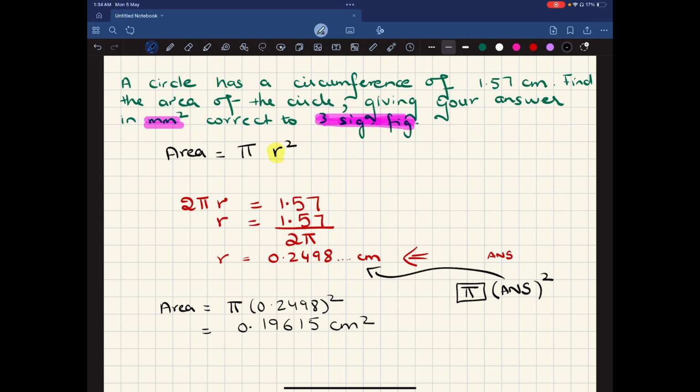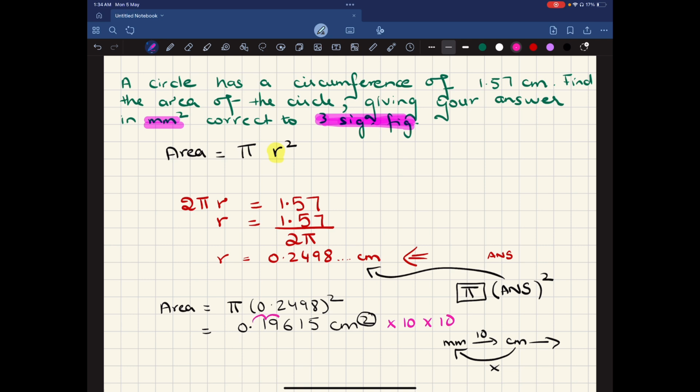Now they want you to give your answer in millimeters squared. So to convert from centimeters to millimeters, let's draw quickly. So this is 10. We need to convert from centimeters to millimeters. What are we going to do? We are going to multiply by 10. And since we have a square, we are going to apply this rule twice, so into 10 into 10.